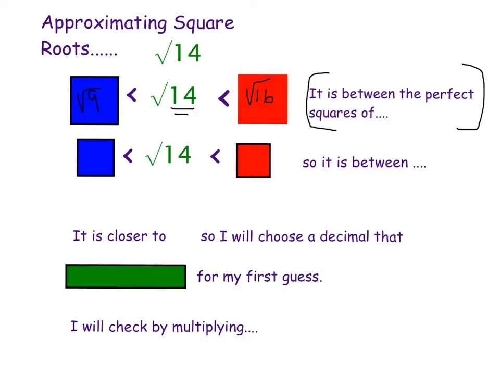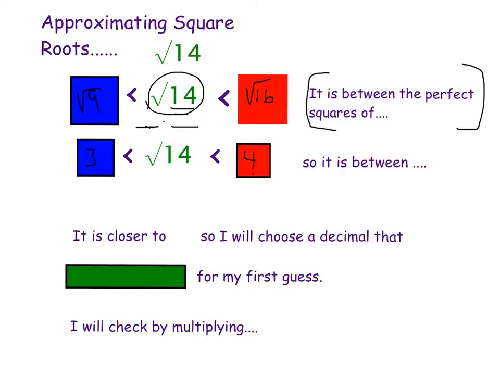And this is important because that means the number, when multiplied by itself, is going to give you 14, and that number has to be between 3 and 4. 4 times 4 is 16, so that would be too much. But 3 times 3 is 9, and that would be too little. So we know that the square root of 14 is between 3 and 4.